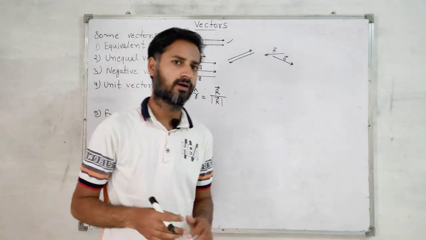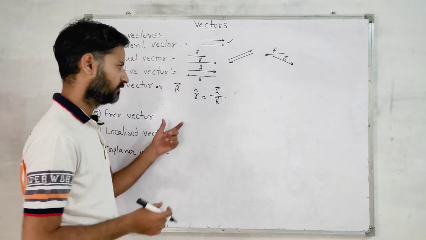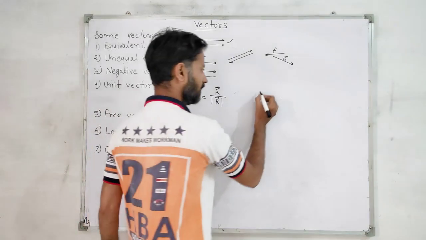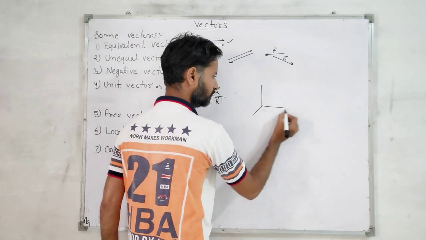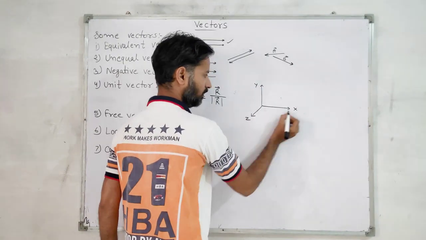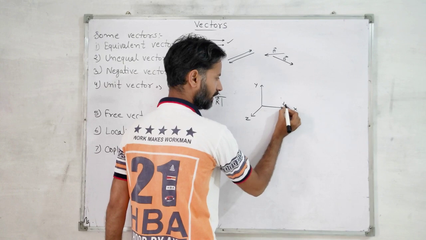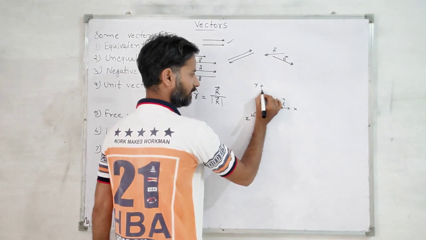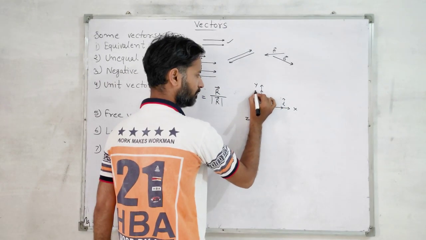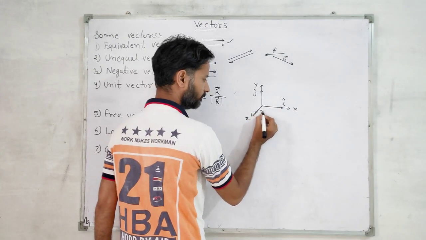For x, y and z directions, unit vectors are fixed and they are: along the x direction, unit vector is i cap, along the y direction, unit vector is j cap, and along the z axis, unit vector is k cap.